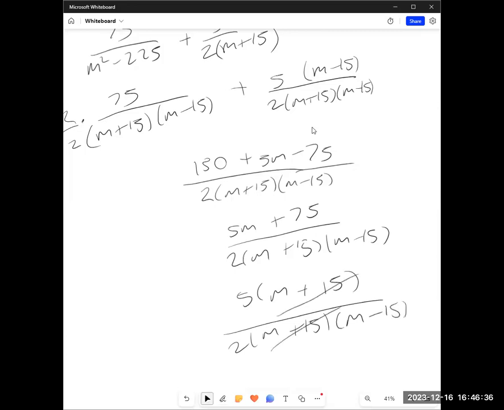And now you see why I've been writing everything in factored form this whole time and talking about checking to make sure that nothing cancels. 5 over 2 times m minus 15.